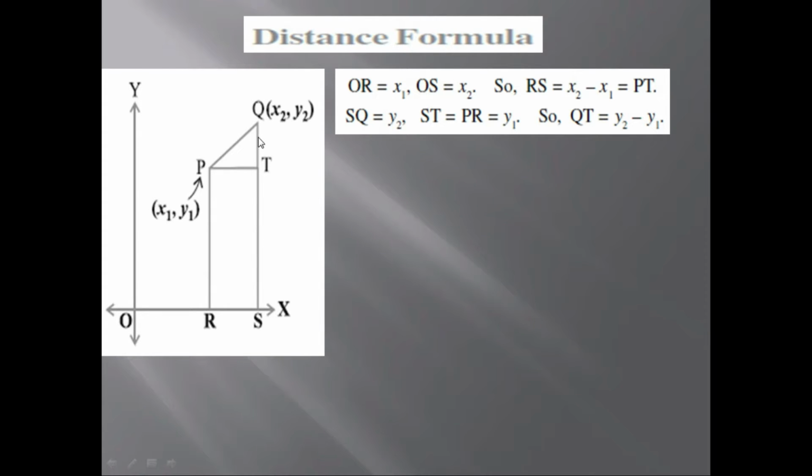Similarly, if we denote the complete SQ as y2, and ST is equal to y1. This ST and PR both are equal. Again, QS is equal to y2, ST is equal to y1, so QT will become y2 minus y1.